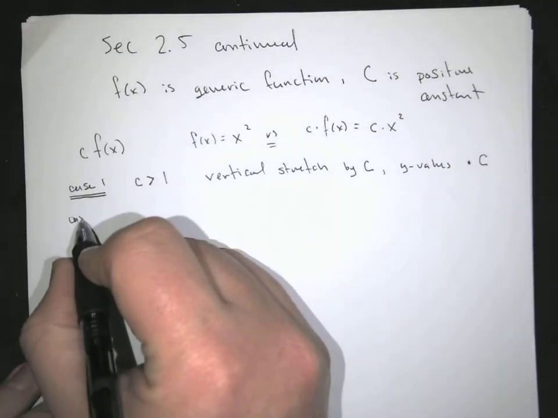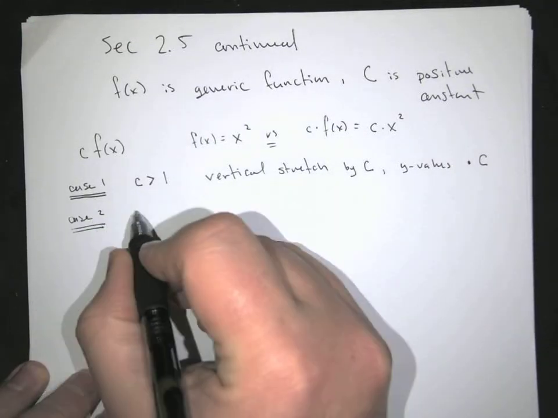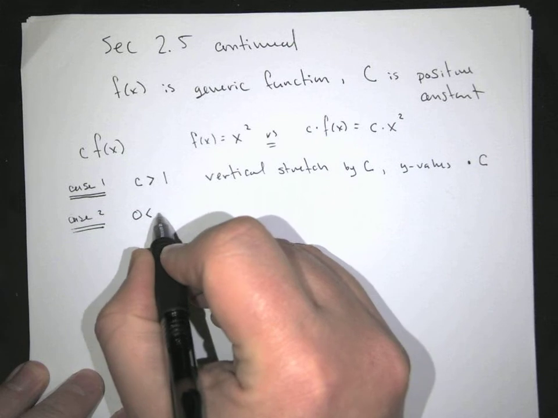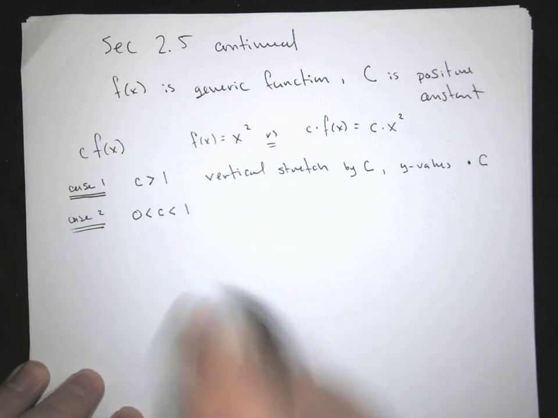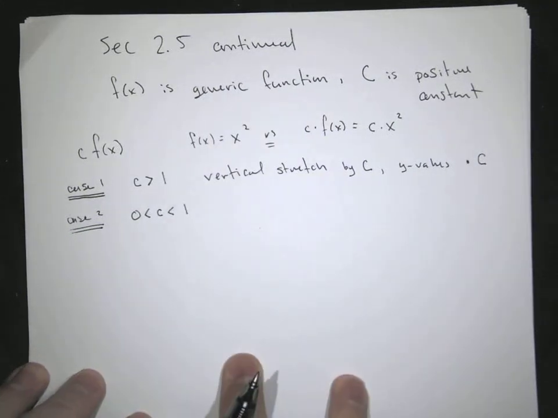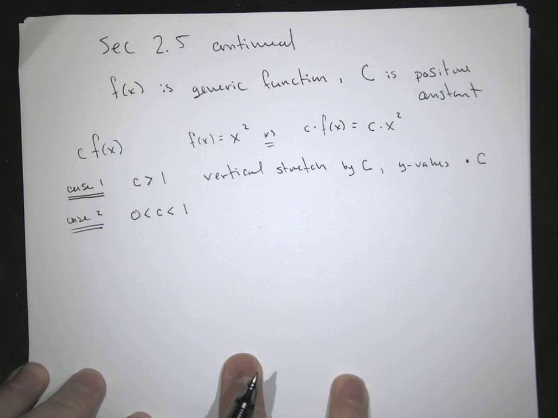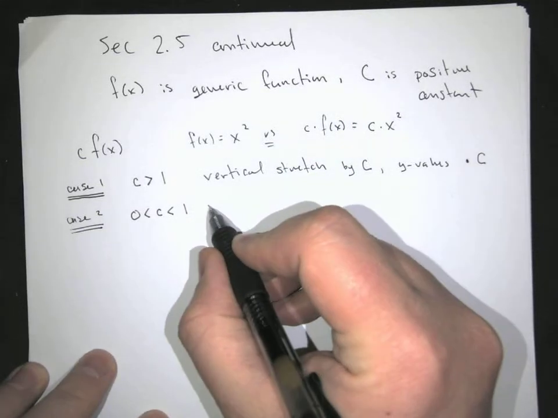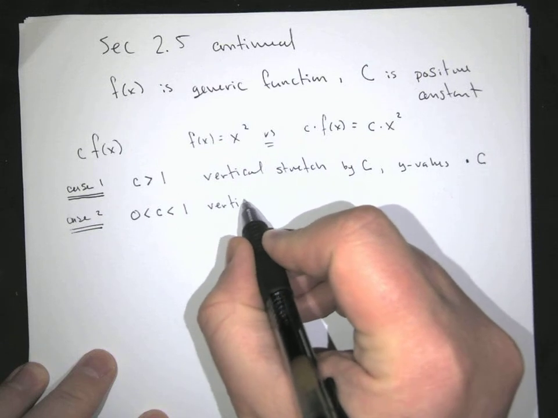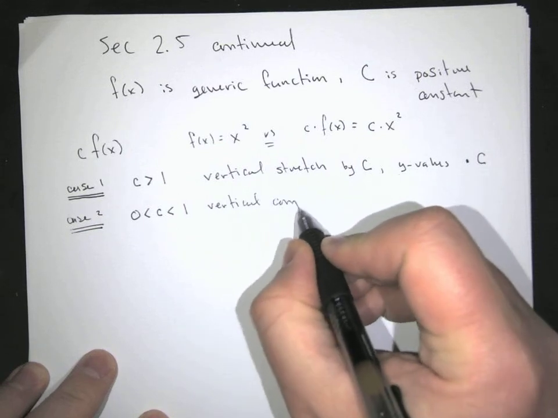Case number 2 is if we have a constant that's somewhere between 0 and 1, so some sort of fraction, 1/3, 5/6, 1/10, whatever. This is still going to affect our vertical values, but it's going to be a compression.